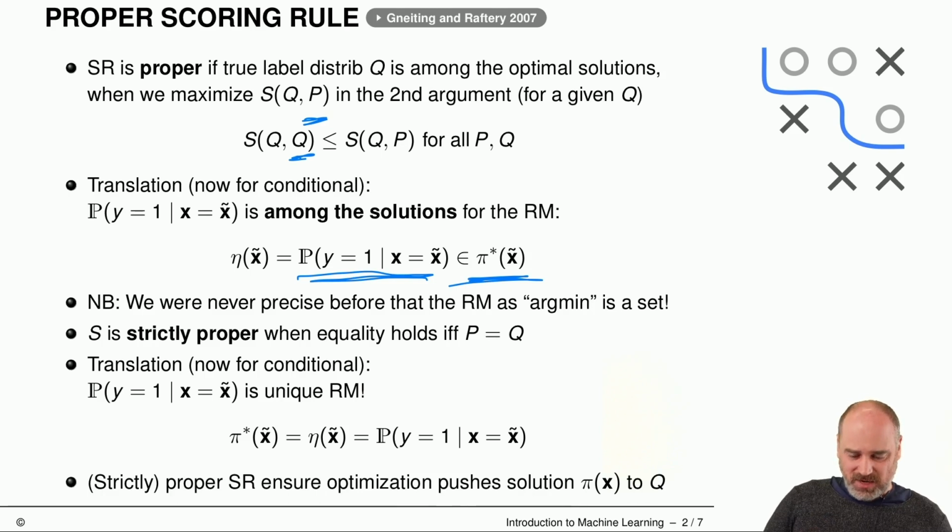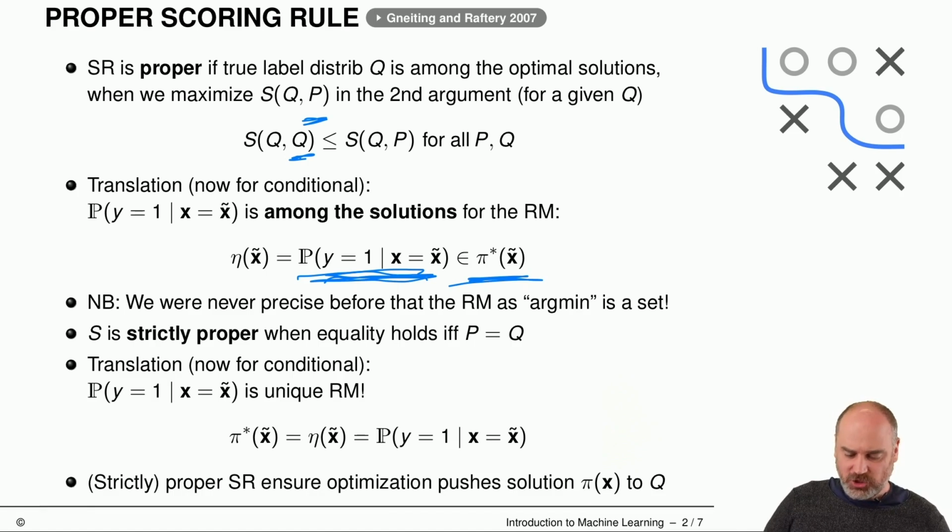So this means that one admissible solution for my risk minimizer is this thing here. And before I wasn't super rigorous with specifying this pi star. We defined that as an argmin of this loss minimization problem, the theoretical risk minimization problem. And argmins don't necessarily have to be unique, right? So maybe I should have been more precise. That's going to be a set, right?